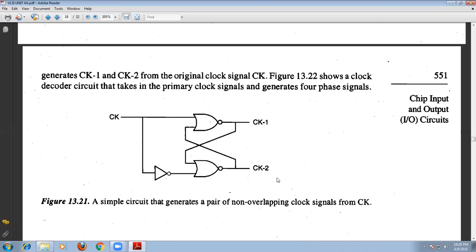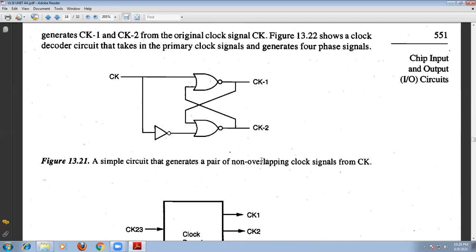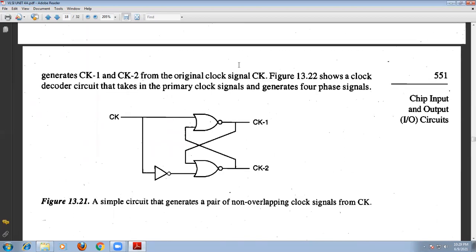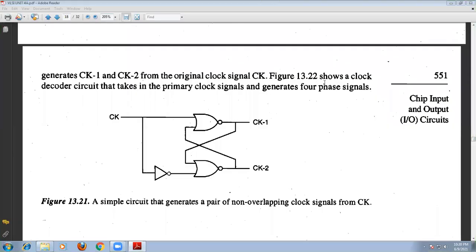This is the clock signal, and from it we generate two non-overlapping signals. Therefore, this circuit generates two clock pulses, clock 1 and clock 2, from the original clock signal CK.